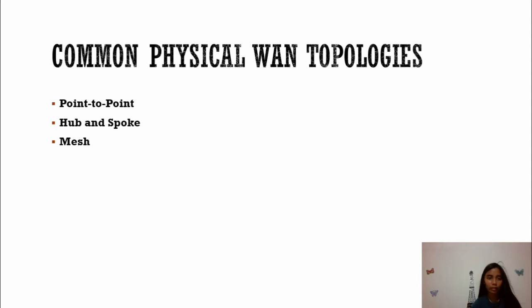So for the next one, we have the common physical WAN topologies. We have here the hub and spoke, point to point, and the mesh.